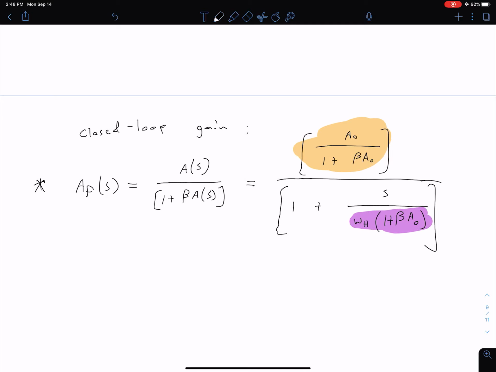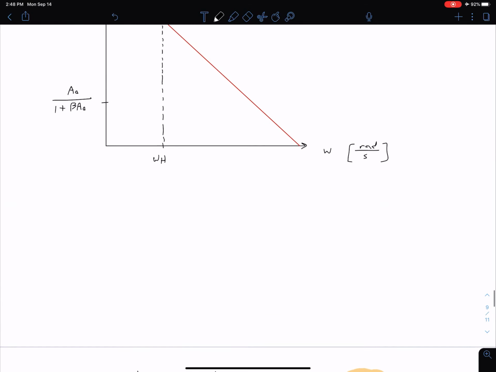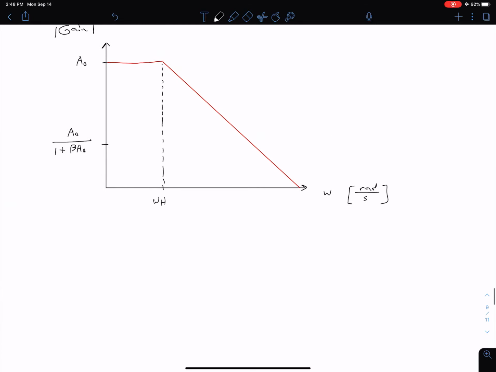So we see that's going to be omega h times this 1 plus beta A naught factor, and that's going to end up being larger than our initial corner frequency. So we have something that looks like this. So maybe we can write that as being over here. So this is omega h times 1 plus beta A naught. So that's going to be our corner frequency, and I just about drew that right.